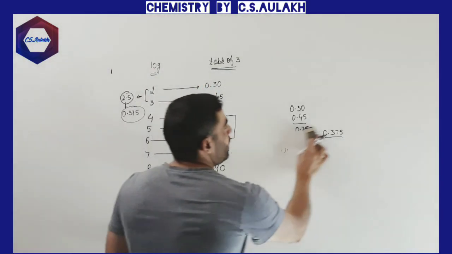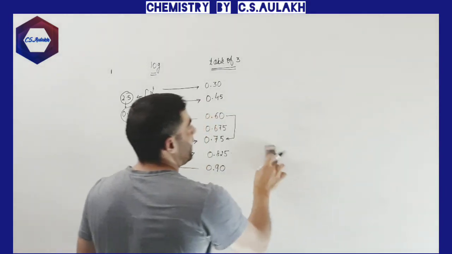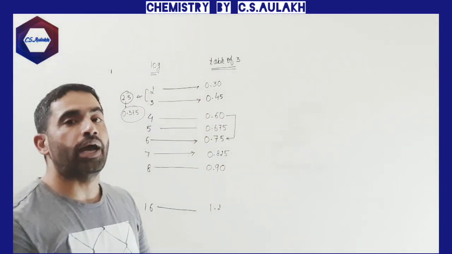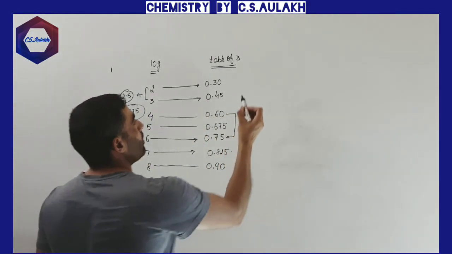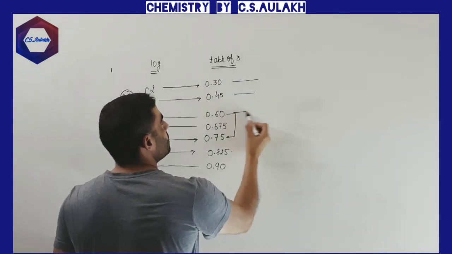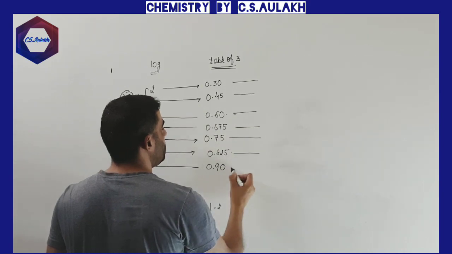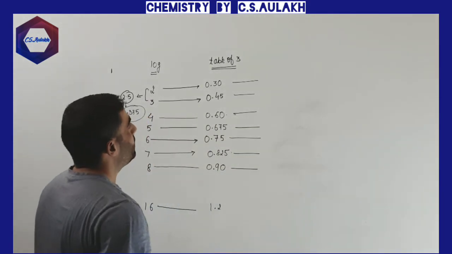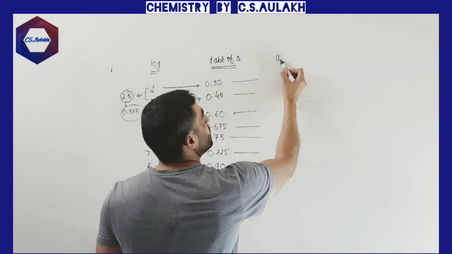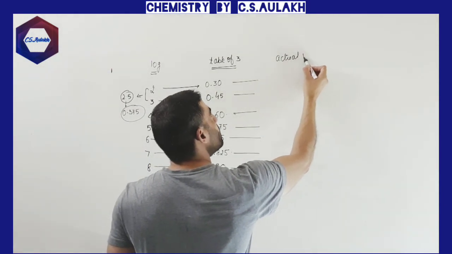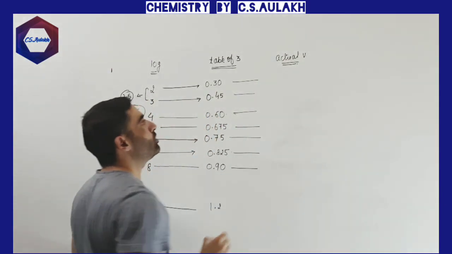Now I am comparing this log table that you have created yourself with the actual values given in the log table for these numerical digits. So let us have the actual values.